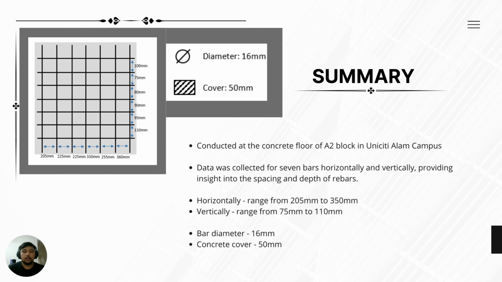For the horizontal rebar, the spacing between the rebars ranged from 205 mm to 350 mm. For the vertical bar, the spacing ranged from 75 mm to 110 mm. The bar diameter found at the A2 block is 16 mm, and the concrete cover is 50 mm.